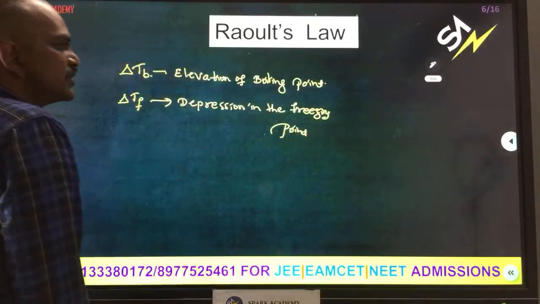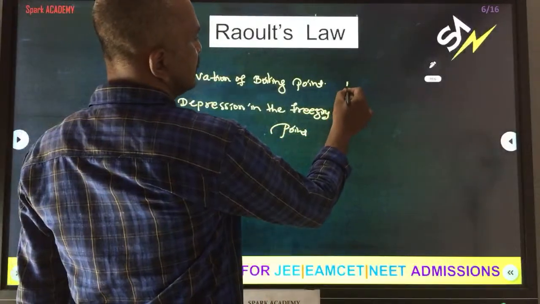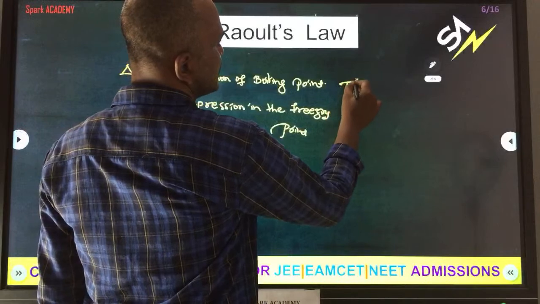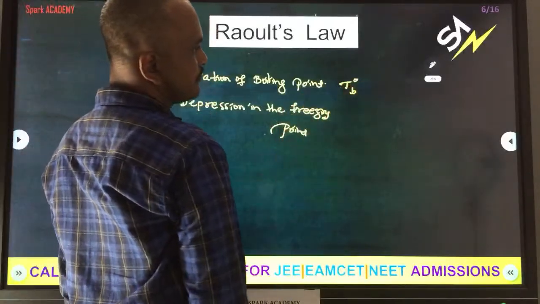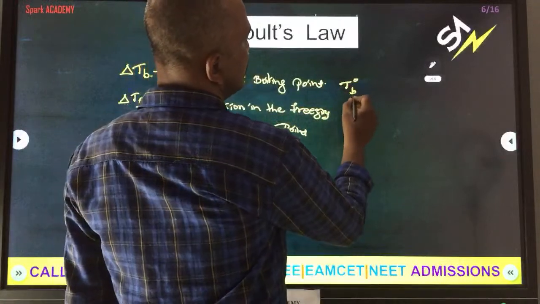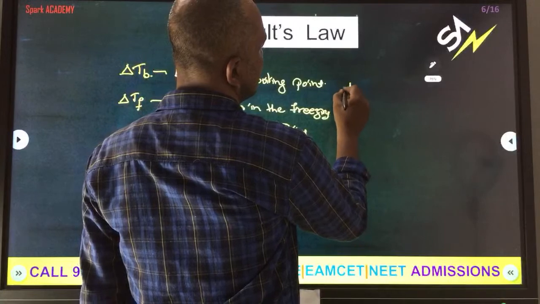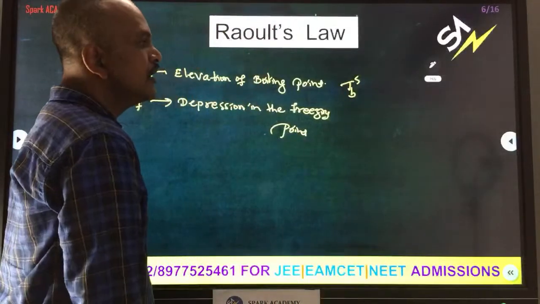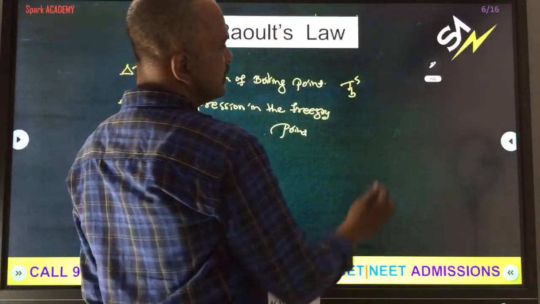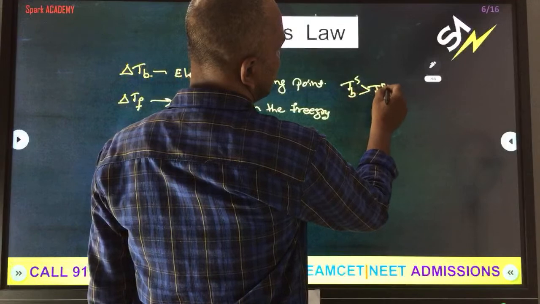Nothing is there, just a difference between the boiling points. TB naught means the boiling point of the pure solvent. Next, TBS is the boiling point of solution. It is more than TB naught.